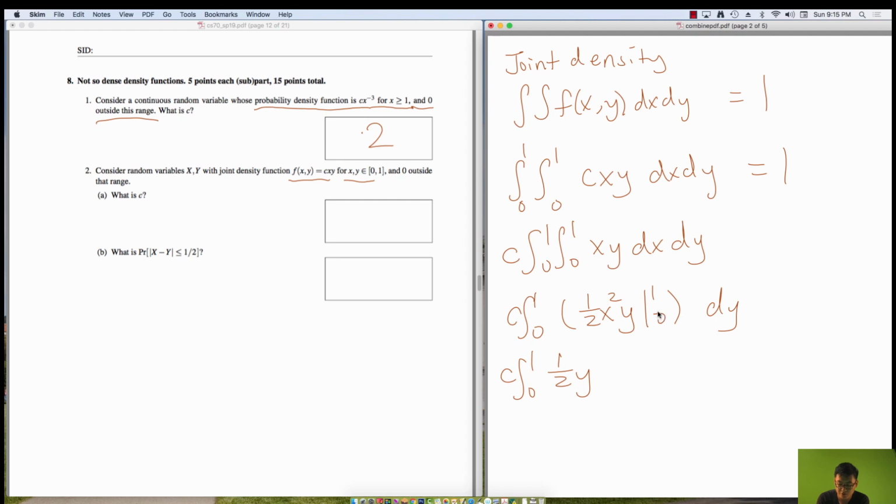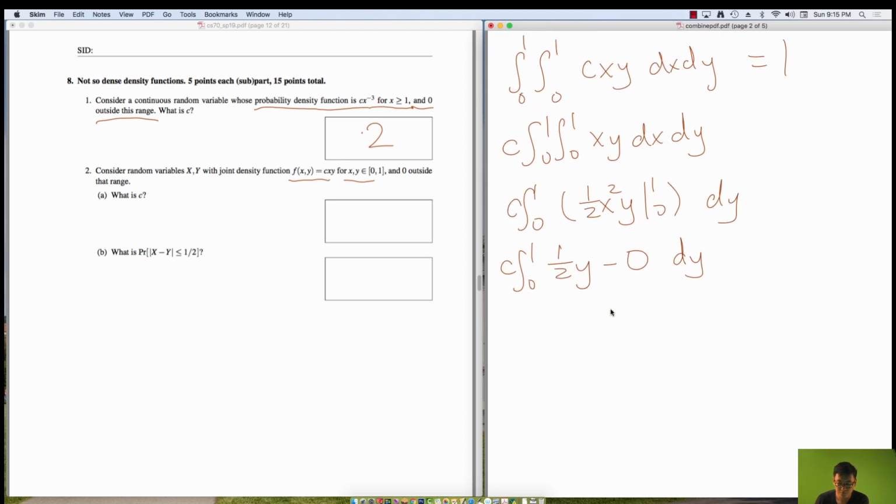If I evaluate x equals 0, it's just 0. And then now if I evaluate this integral, the antiderivative of half y is 1/4 y squared. Evaluate this at 1 and 0. If I evaluate this at 1, I get 1/4. And I evaluate this at 0, I get 0. And this gives me 1/4 times c.